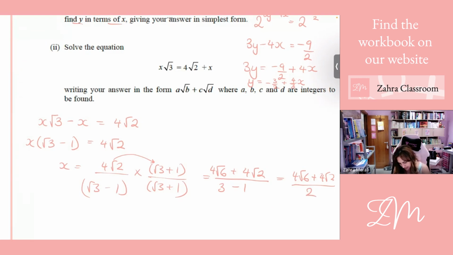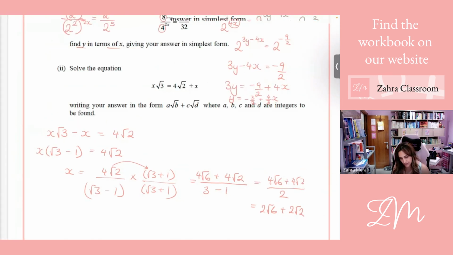And I can separate that out. So I've got 4 root 6 divided by 2 to give me 2 root 6 plus 2 root 2. Makes sense, doesn't it? Let's hope it does. So I've taken x outside the bracket, root 3 minus 1, divided by it, multiplied everything out. Perfect.